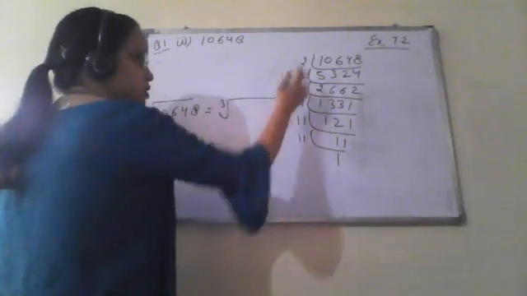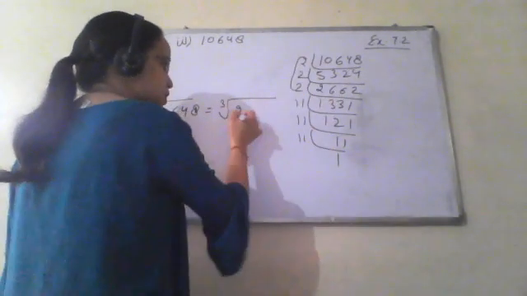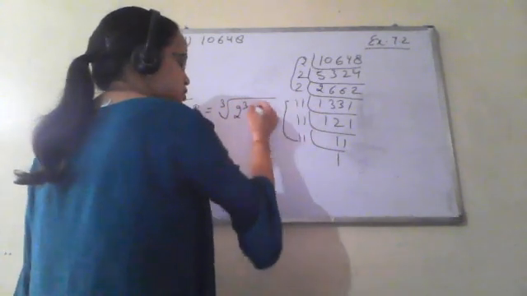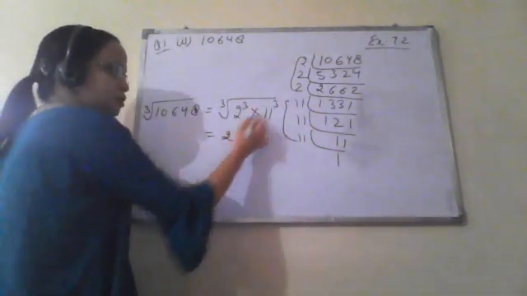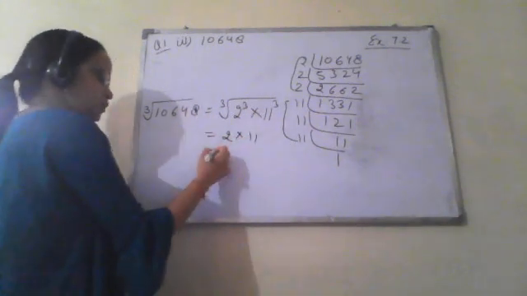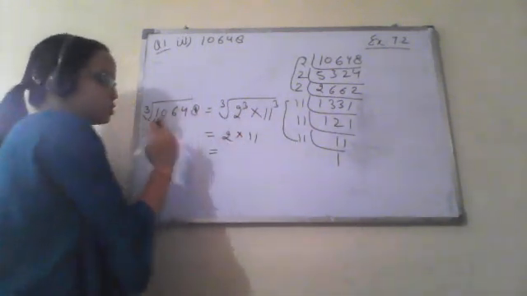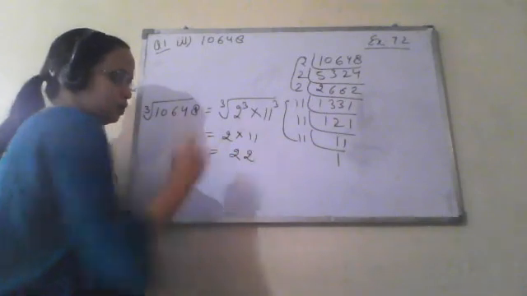So we will make the signs. This is a triplet, so it is 2 to the power 3 we will write, and this is also a triplet, so 11 cube. So we'll take 2 and 11 out. The cube root of 10648 is 22. Clear?